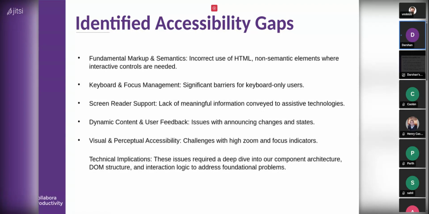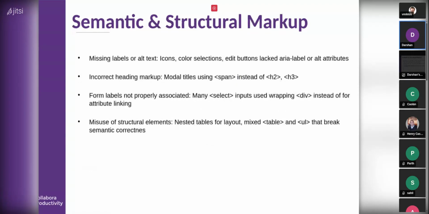So let me go to the first topic, the semantic and structural markup. The very foundation of our web application is the HTML markup itself, and we found the issue where essential elements were missing proper labels or alt text.